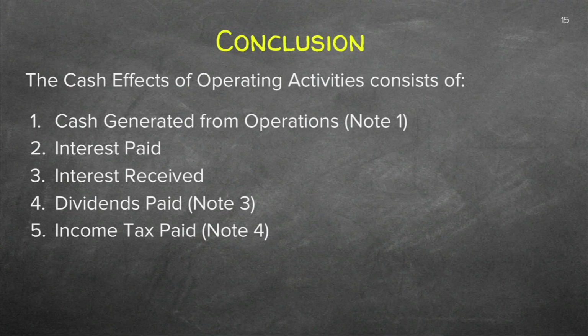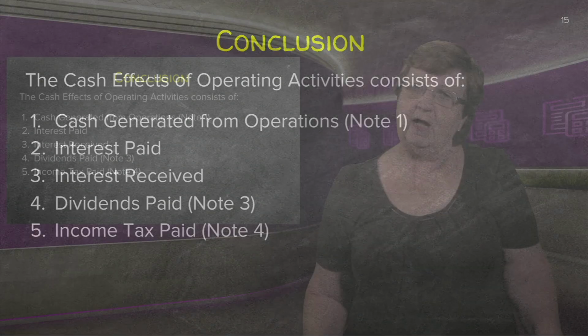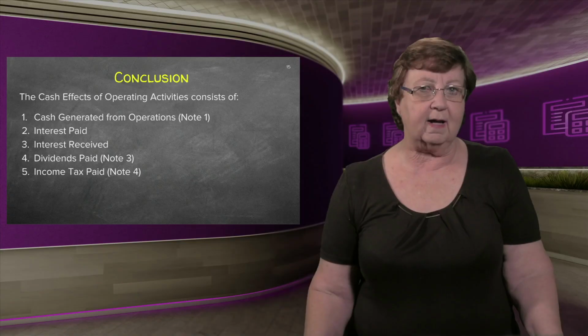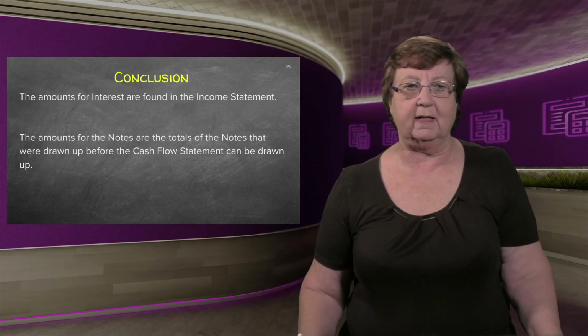So let's just revise and go over what goes into this first section, cash effects of operating activities. Note number 1, 3 and 4 from your notes to the cash flow statement. Interest paid and interest received from your income statement. So not a lot to learn. I'm quite sure you can manage that quite comfortably.